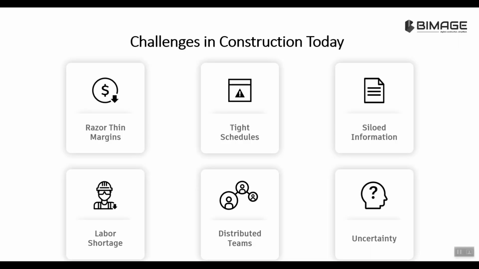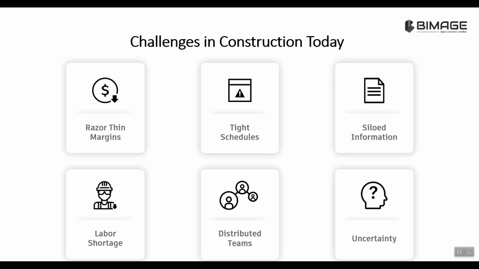First, let me begin with the pain points, the challenges in the construction industry nowadays. I think it is equally important to identify the problem first, to mitigate it or accept it or to find a solution to it. If you see here, we have rather thin margins and tight schedules. The information is siloed.